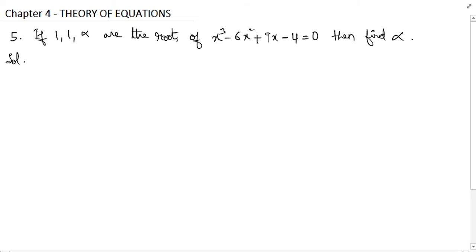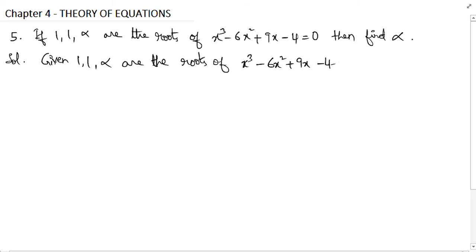So here it's given that 1 comma 1 comma alpha are the roots of the equation x cube minus 6x squared plus 9x minus 4 is equal to 0. Since we know that S1, that is the sum of the roots, is equal to minus a1 by a0.